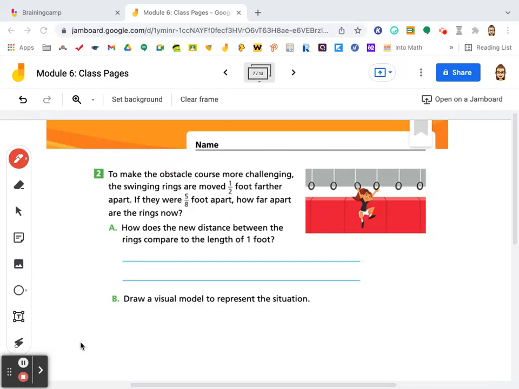Well, so if you think about it, we have this is 1/2 of a foot, and 5/8 it's more than 1/2 of a foot because 1/2 of 8 is 4, so it's going to be greater than 1. So the new distance is greater than 1 foot.